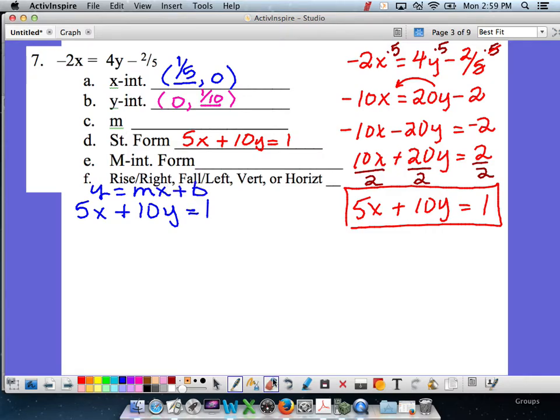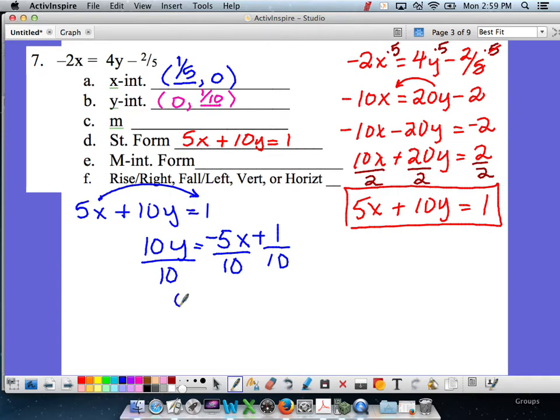The first thing I'm going to do is take my 5x over, and I have 10y is equal to, positive on the left means negative on the right. And I'm going to solve for y, dividing everything by 10. So I have y is equal to, reduce your fractions, negative 1/2 x plus 1/10.